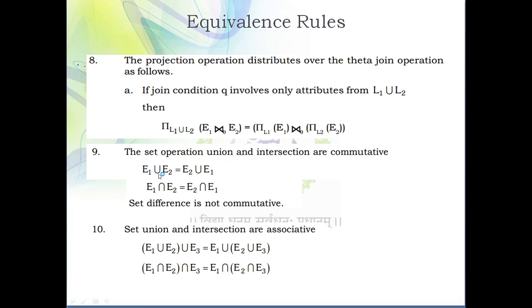E1 union E2 is equivalent to E2 union E1, and E1 intersection E2 is equivalent to E2 intersection E1, but set difference is not commutative. E1 minus E2 is not the same as E2 minus E1. Then set union and intersection are also associative in nature.